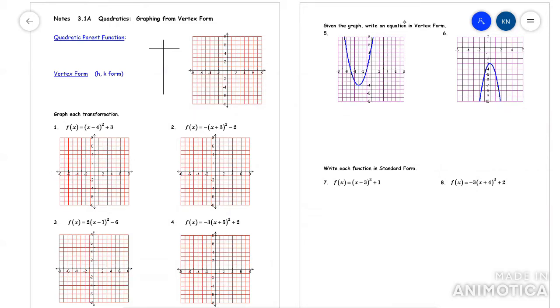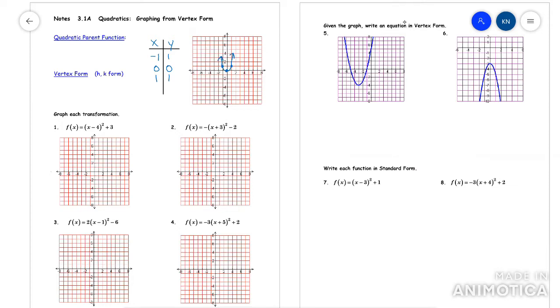But let's go ahead and look at what the parent function looks like. The parent function for a quadratic, I'm going to use these coordinates, -1, 1, 0, 0, 1, 1. So it's like these coordinates right here. And it's kind of similar to absolute value in terms of its shape, but instead of a V shape, it's more of a U shape.